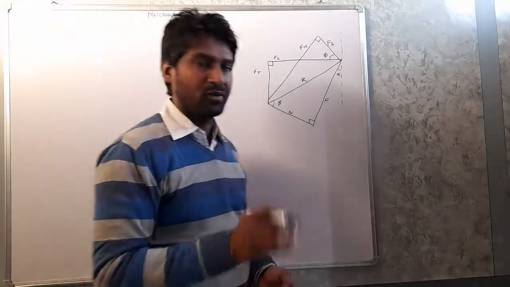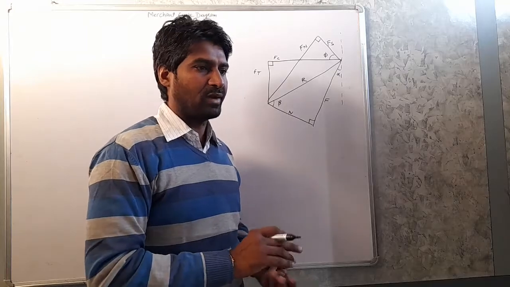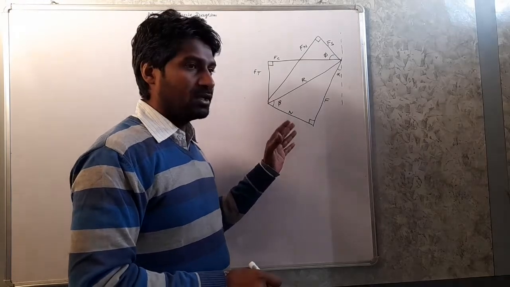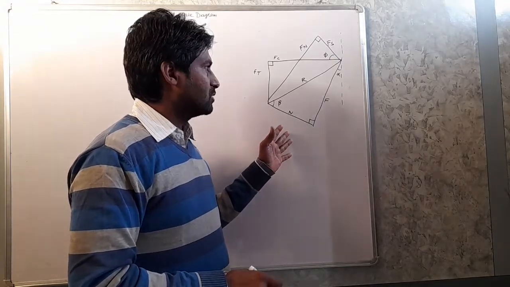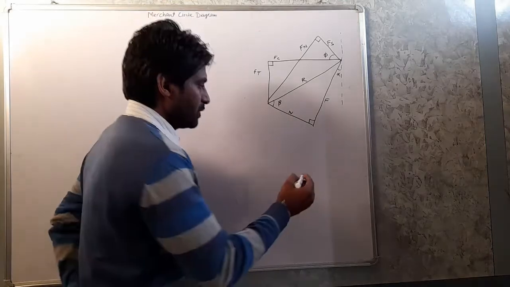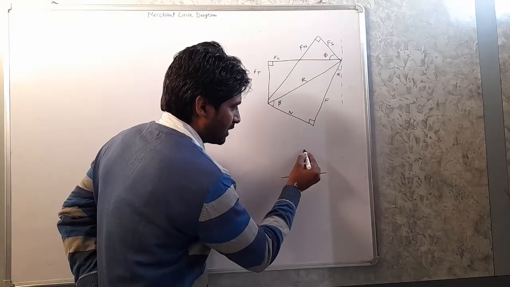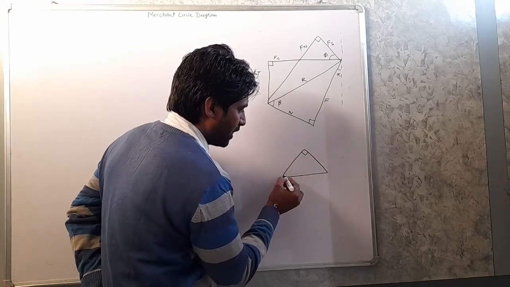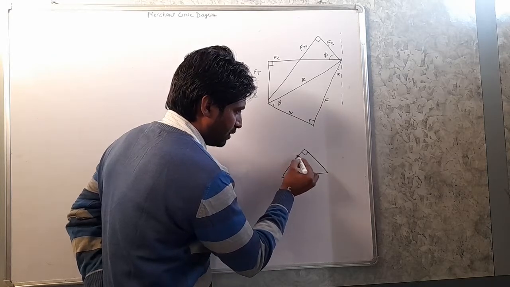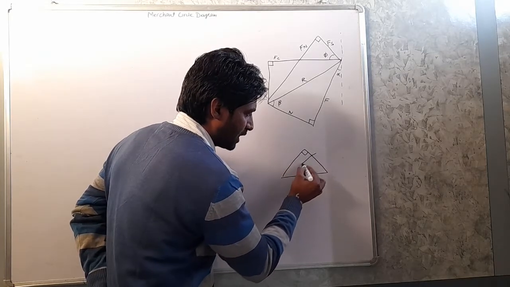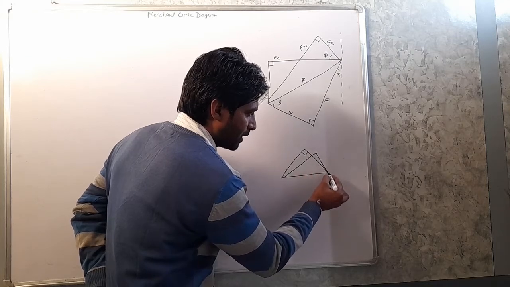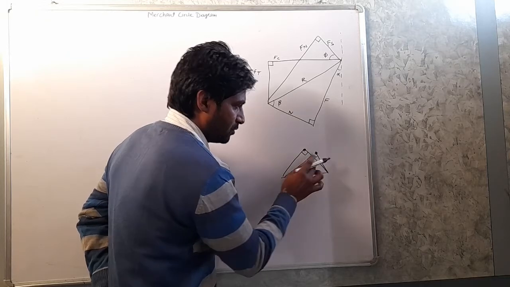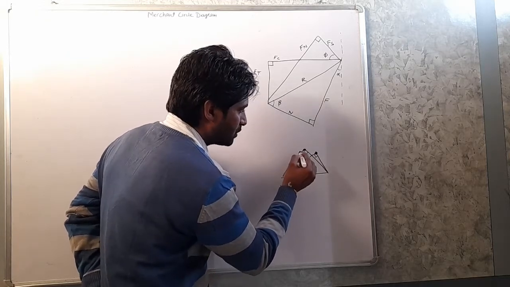First, I want to explain one thing: most people wonder why this is called the merchant circle. What is the need to draw the circle? There is a theory that suppose this is a right angle triangle, and this is the right angle. If we draw many right angle triangles, all the points of the triangles which make the right angle will come on the periphery of the circle.